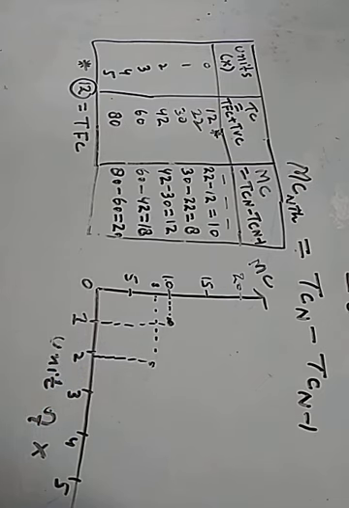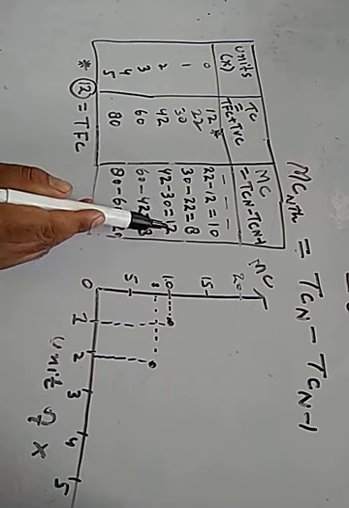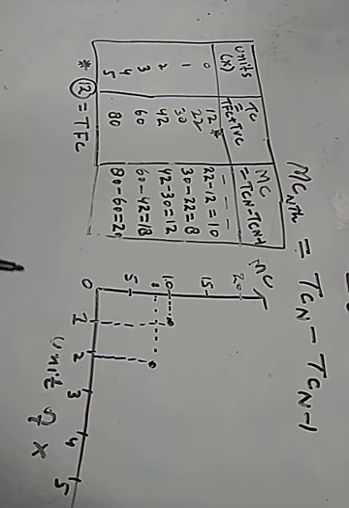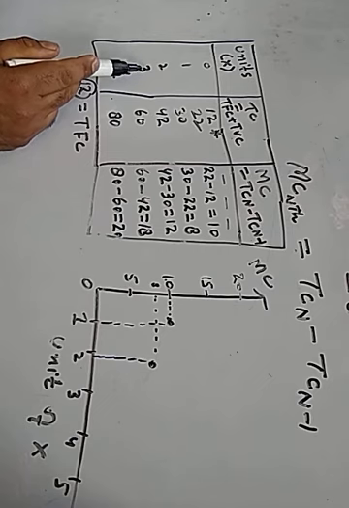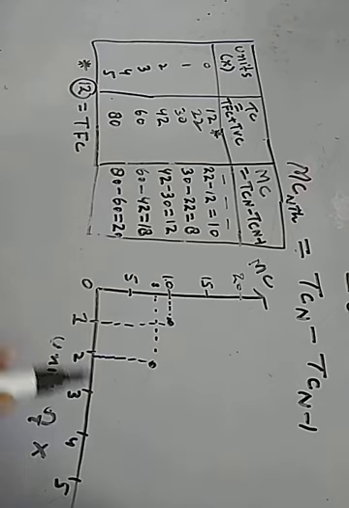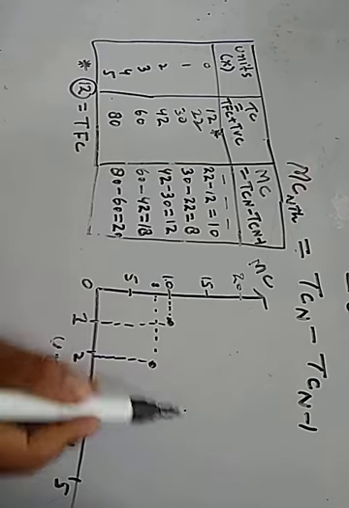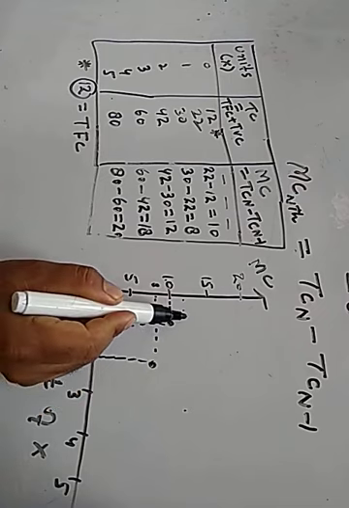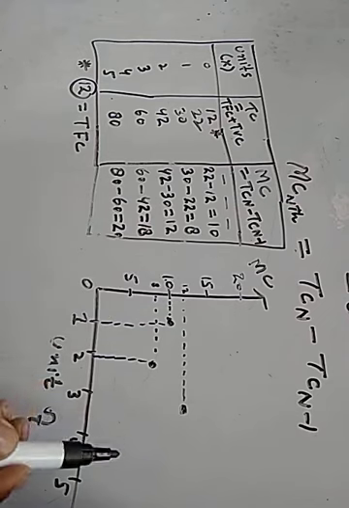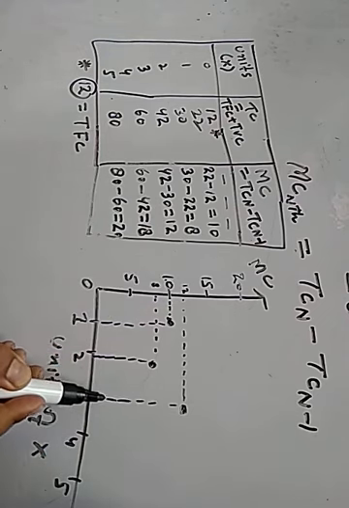And then marginal cost is 12 when one more unit of output is produced, that is the third unit. 12 will be here, showing marginal cost equal to 12 and level of output 3.